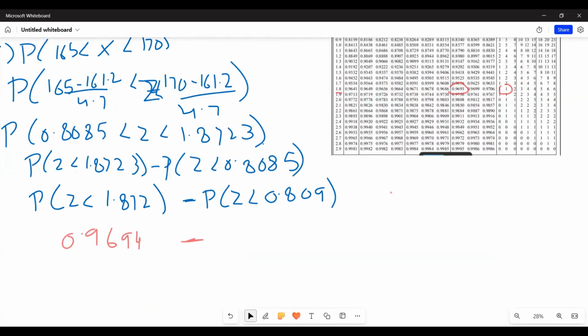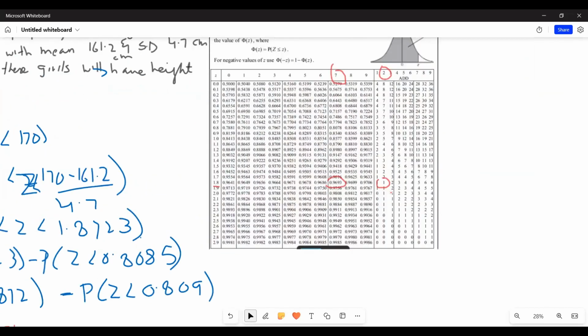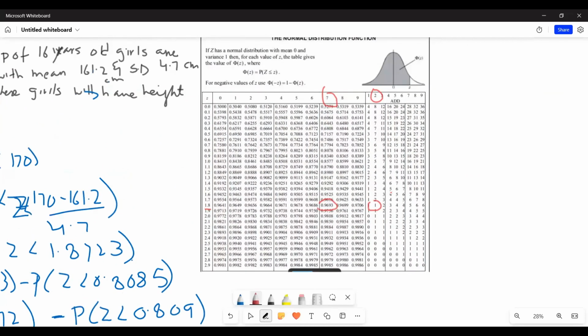Minus probability Z is less than 0.809. For 0.809, the 9 was this 9.